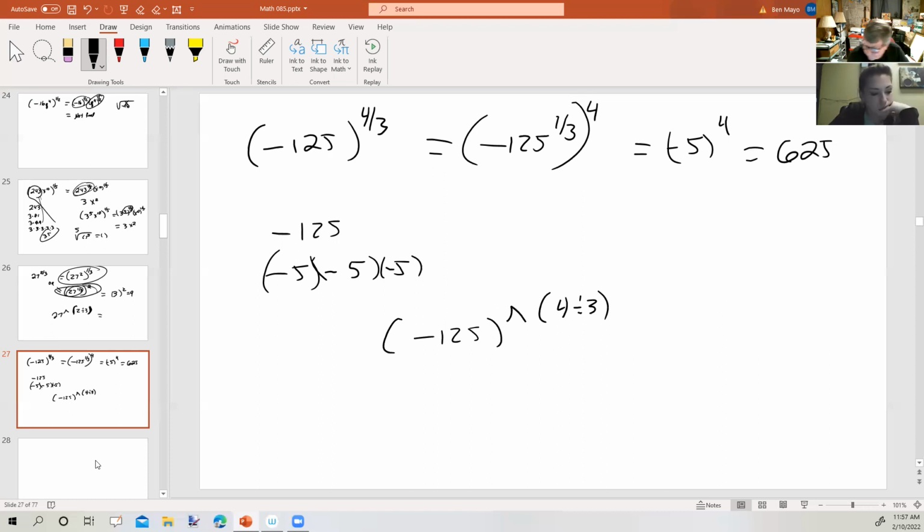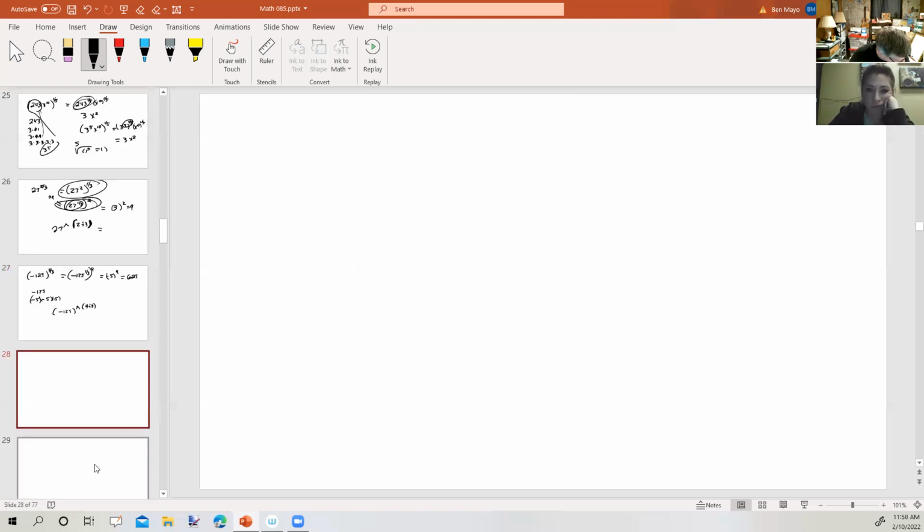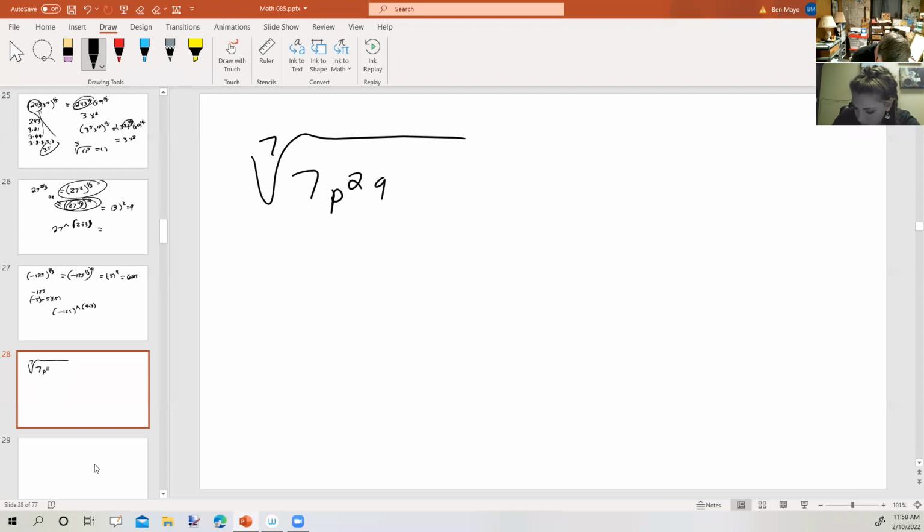Let's see here. We're going to go on. This says change each radical to an exponential expression. So the 7th root of 7p squared q would become 7p squared q all to the 1/7 power.